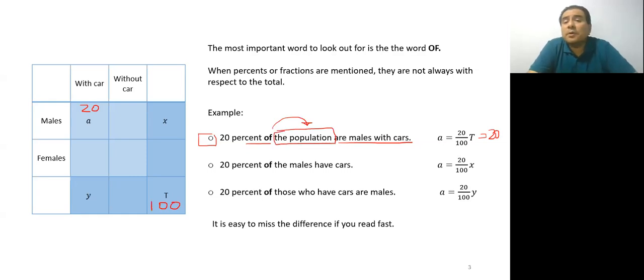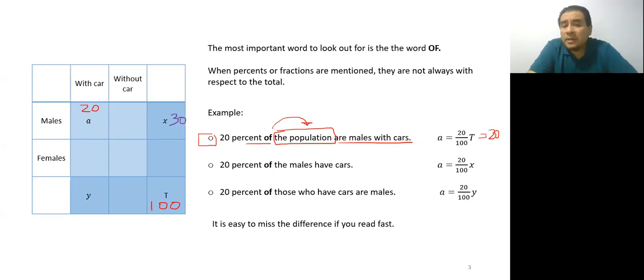But that's only because here the percent you're looking for is about the whole population, okay? What about if the problem had said 20% of the males have cars? So it's still men with cars. But now it's not 20% of the total number of elements. It's 20% of the males. Say that the problem established that the men are totally like, I don't know, 30% of all people, okay, here.